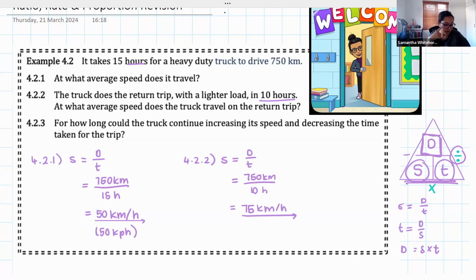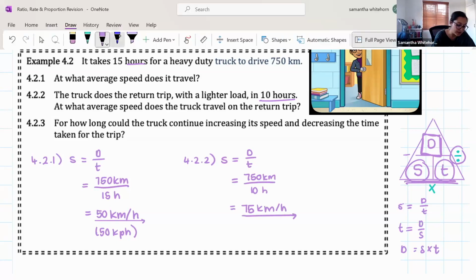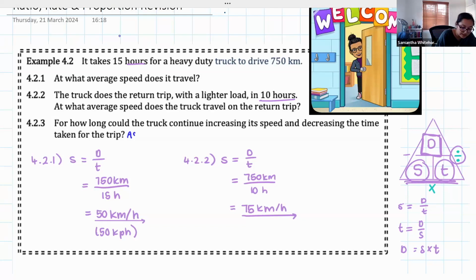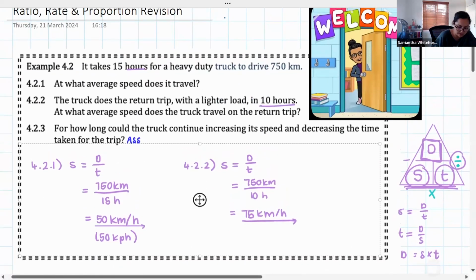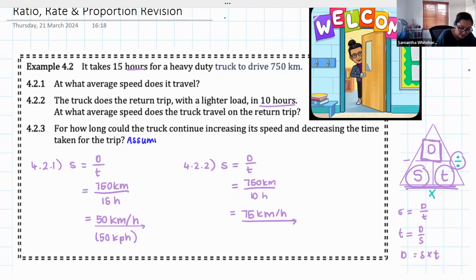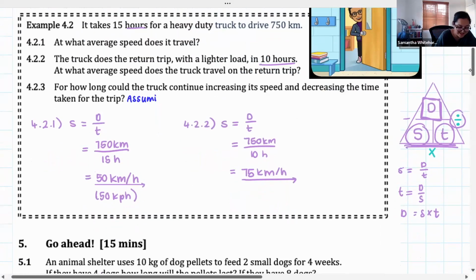Right, if we have a look at 4.2.3, we're going to have to read this carefully. There's a bit of information that I'm going to give you to help us answer this question. It says, for how long could the truck continue increasing its speed and decreasing the time taken? Importantly, we need to know the max.